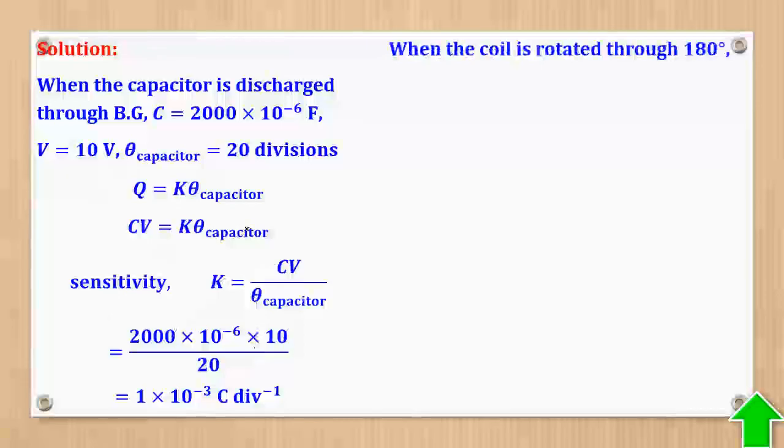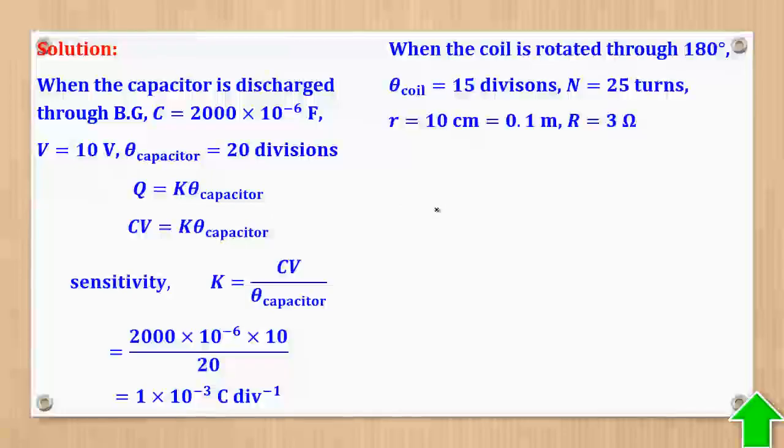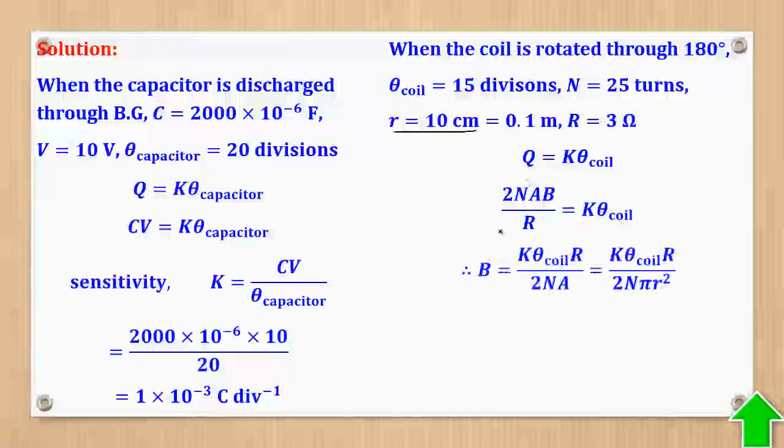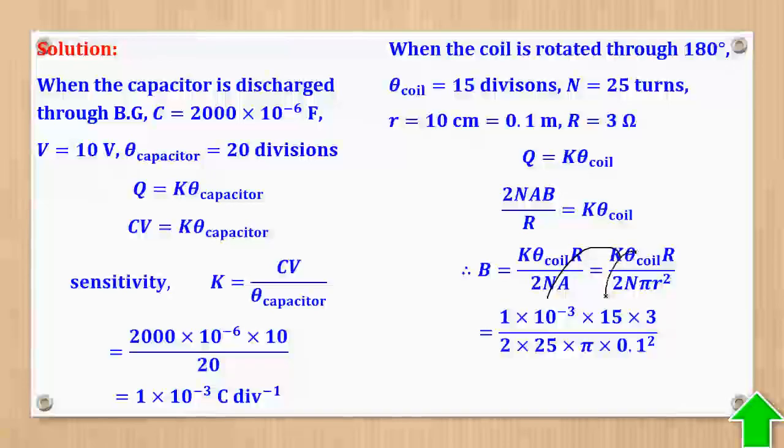Now when the coil is rotated through 180 degrees, it means that Q is 2NAB over R, where R is the resistance. I know that area can be got from this radius, so it becomes pi r squared. Then you can substitute for K, for theta, for resistance, for number of turns, and pi r squared to get the flux density they wanted.